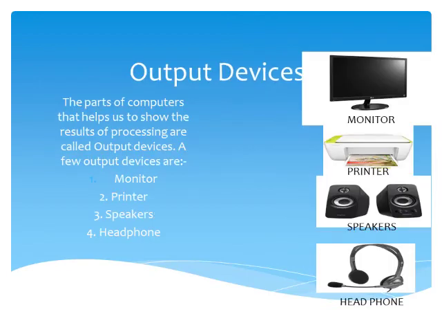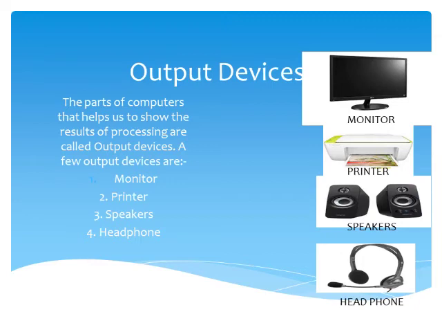Next, output devices. After processing, the information is displayed, or we can get soft copy or hard copy with the help of output devices. For soft copy, the monitor displays the information, and for hard copy the printer gives us the output in pages. We can print it.